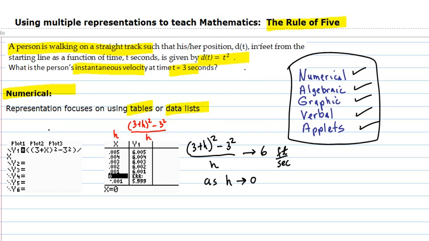You could have the students enter the difference quotient into the calculator and create a table of h values with the corresponding difference quotient values, and they could report that the values seem to approach 6 feet per second as h went down to 0. That would be more of a numerical approach.